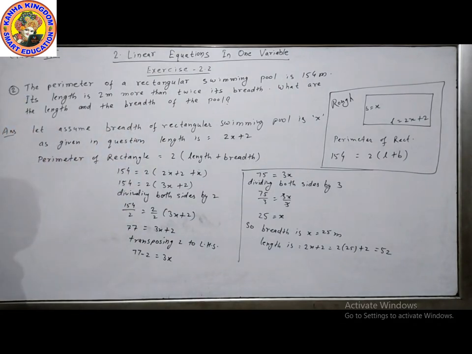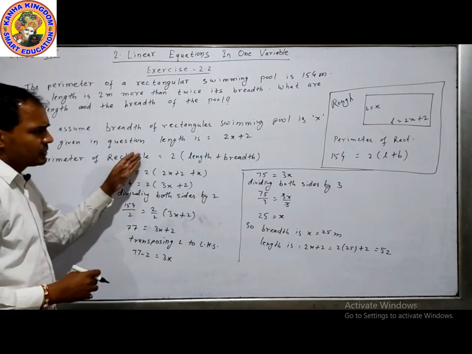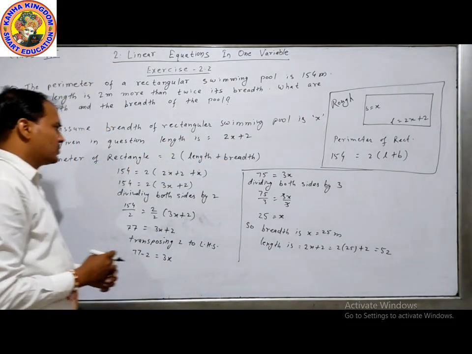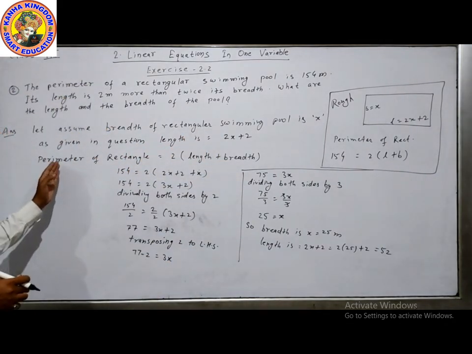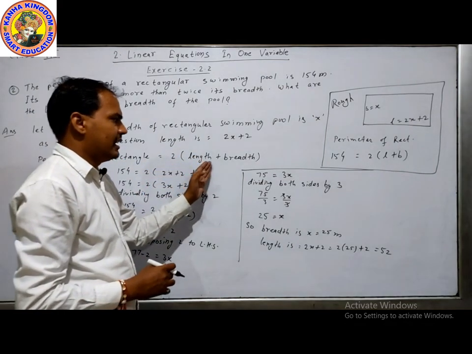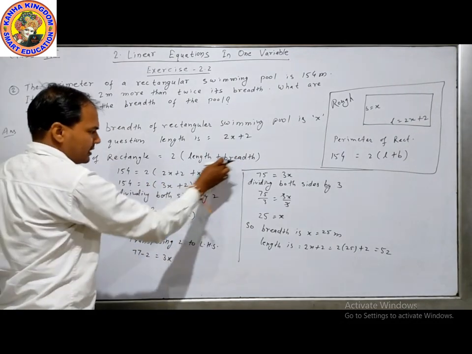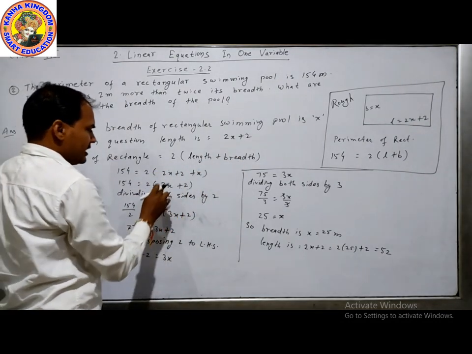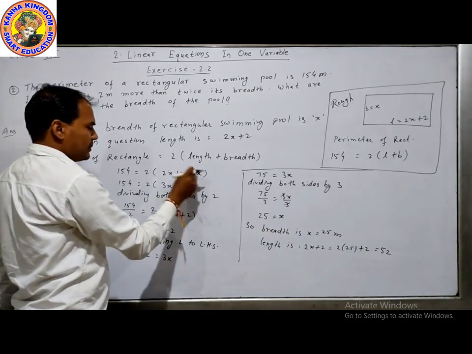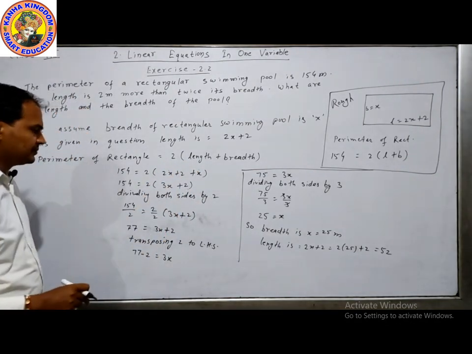So in the answer, let us assume the breadth of the rectangular swimming pool is x. As given in the question, the length is 2x plus 2. The formula of the perimeter of a rectangle is 2 into length plus breadth. The length is 2x plus 2, the breadth is x. When adding this, 2 times x and 1 times x is a total of 3 times x, remaining is plus 2.